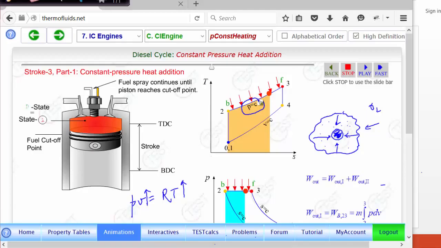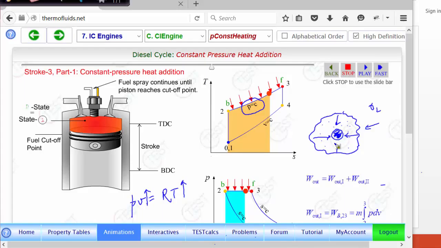So what happens? We are spraying fuel, and in that time the pressure remains constant is our assumption. And by the way, the fact that droplets take time to burn, you can see in any diesel car or diesel truck: if you suddenly put a lot of fuel, you'll find that the truck will have black smoke coming out. Why is that?